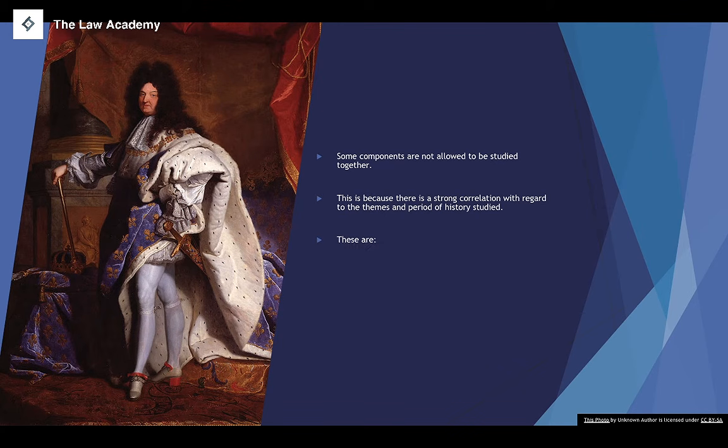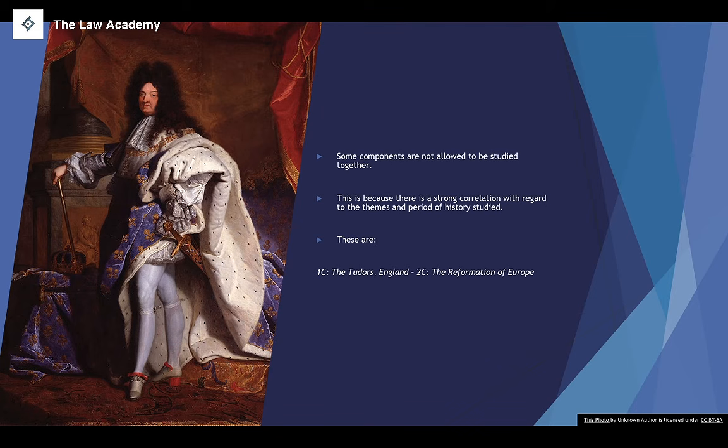And it's for that reason that you won't be allowed to study two components together that have this overlap. There are two examples of this that are specified in the AQA specification. These are the component 1 module on the Tudors and the component 2 module on the Reformation of Europe.